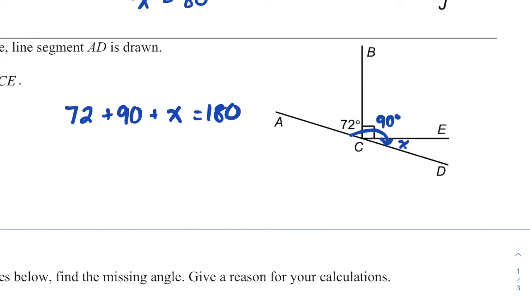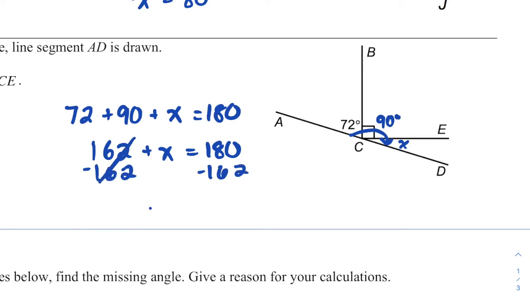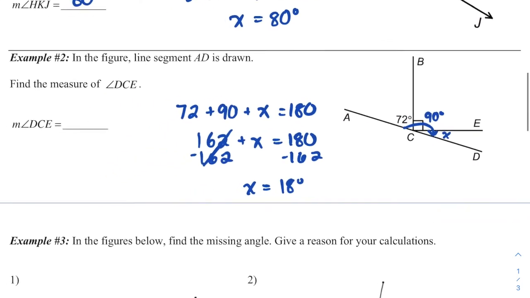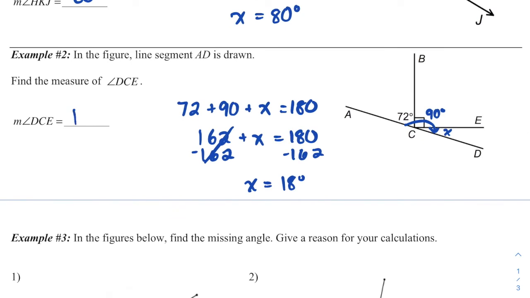So we have 162 plus X equals 180. Subtract 162 from both sides, and we get X equals 18 degrees. So the missing angle DCE is 18 degrees.